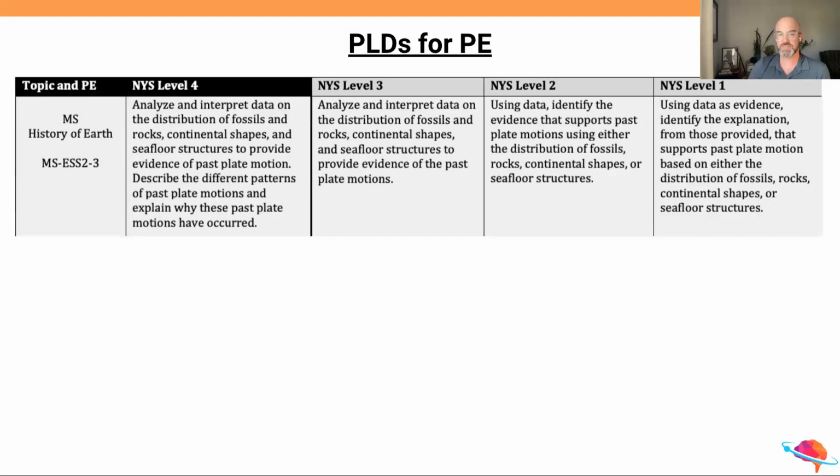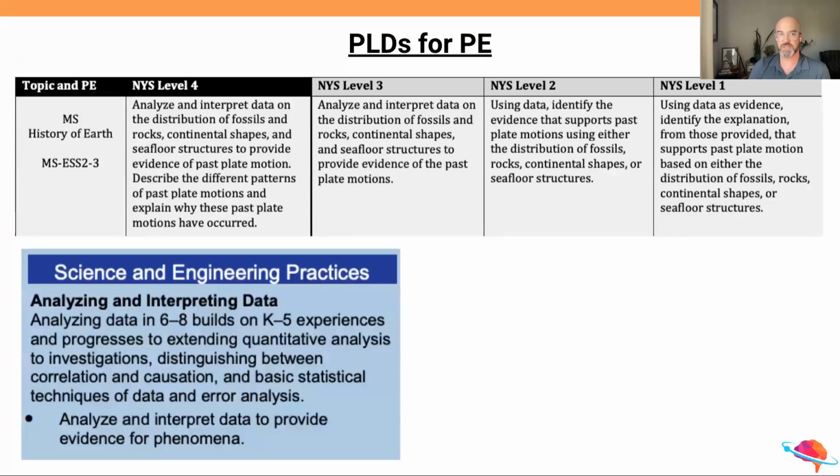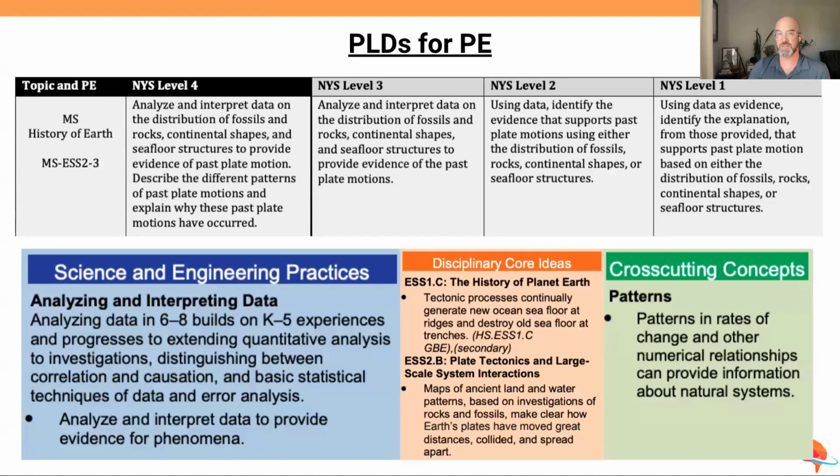So just to review this real quick. Every single one of these uses the terms that we find for the SEPs, the DCIs, and the cross-cutting concepts. Everything talks about using data as evidence, using data, identify the evidence, or analyze and interpret data on the distribution of fossils. So all of these use the SEP very clearly within each of these levels 1, 2, and 3.